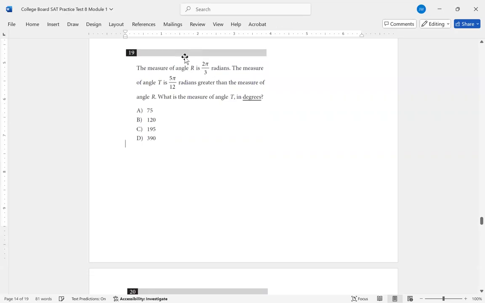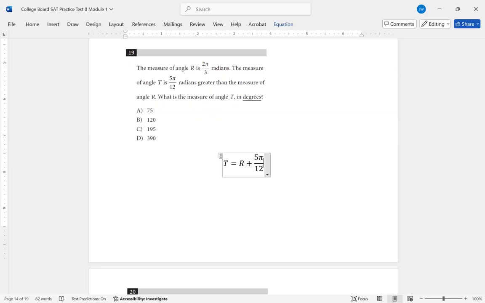Question 19. The measure of angle R is 2 pi over 3 radians. The measure of angle T is 5 pi over 12 radians greater than the measure of angle R. So T is equal to the measure of angle R plus 5 pi over 12.